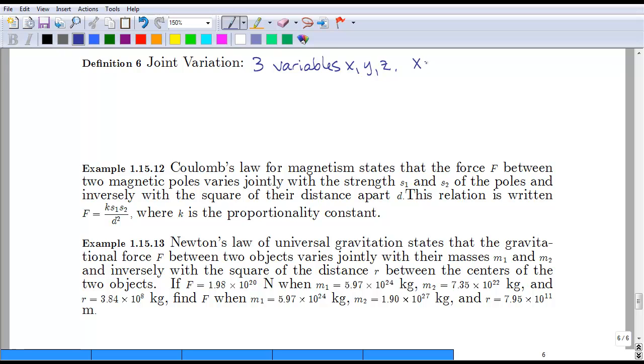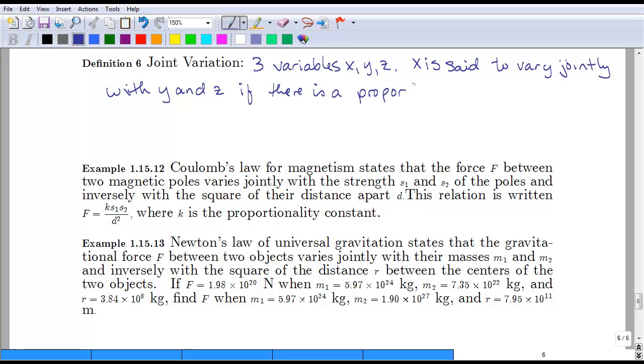So x is said to vary jointly with y and z if there is a proportionality constant k such that k is equal to x divided by the product of y and z.